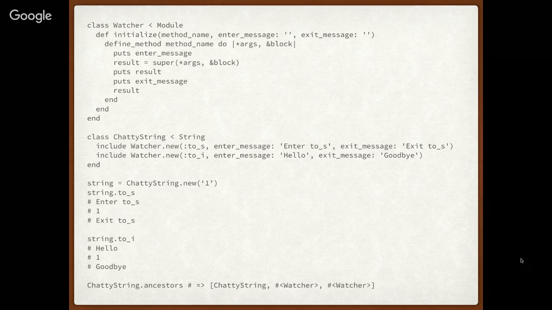In fact, define_method requires you to say args and block. You can't just say bare super in a define_method. You have to actually say super and give it something. So that's just saying any type of method, whatever arguments, whatever block I get, I'm just going to super that.